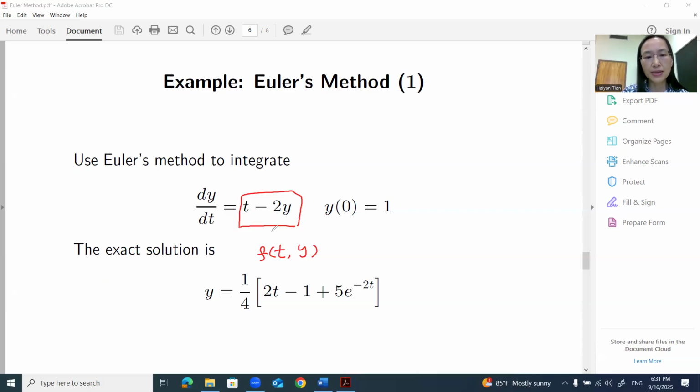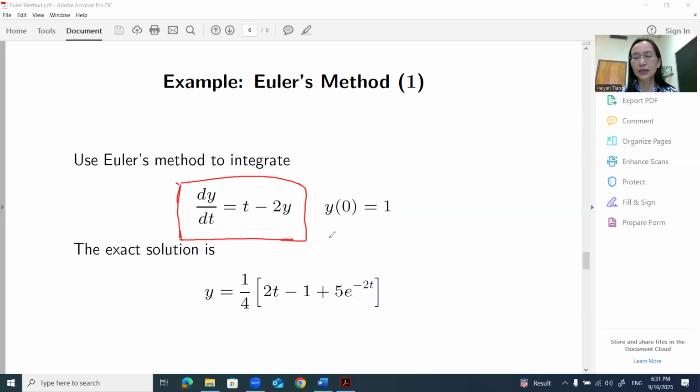So that is our right-hand side function, and that's our function to determine the approximate slope. And it is a linear equation, and it's possible to get the exact solution if we use our technique for solving a linear equation.